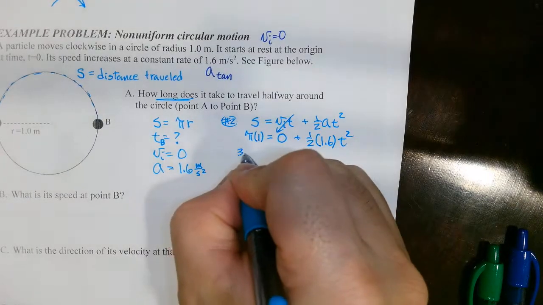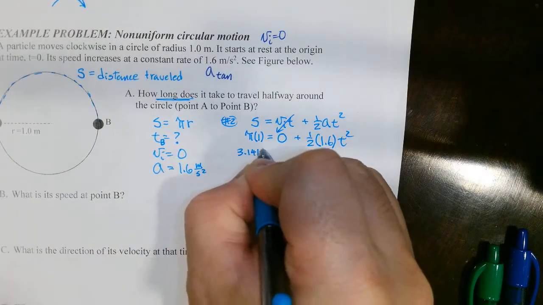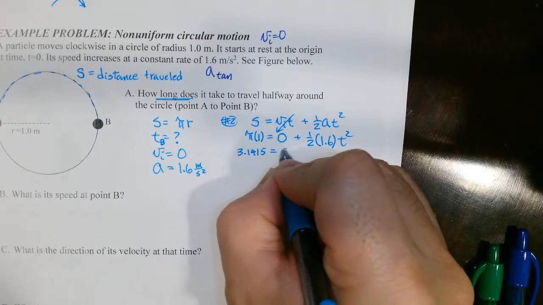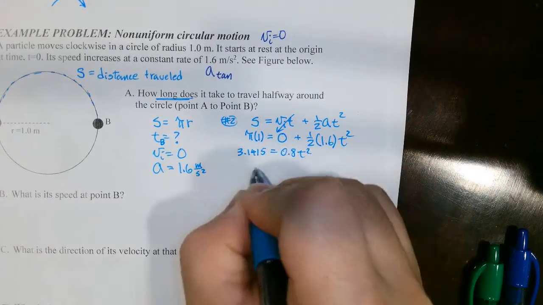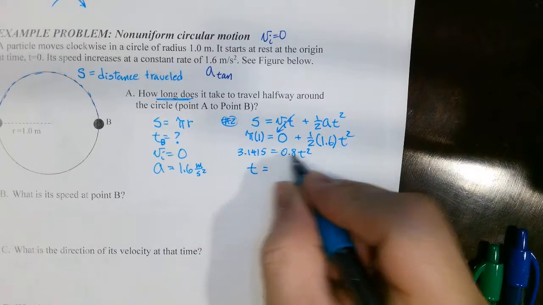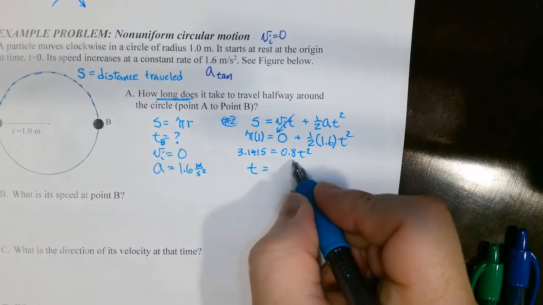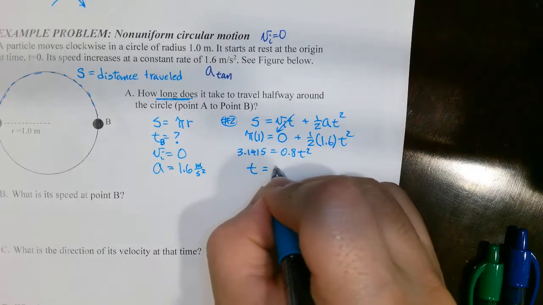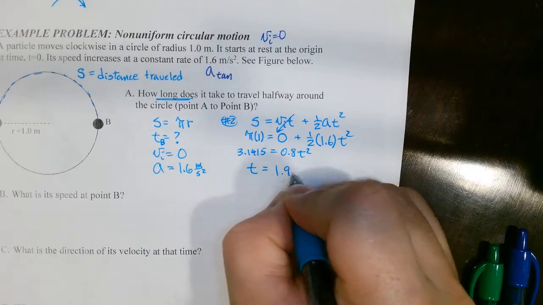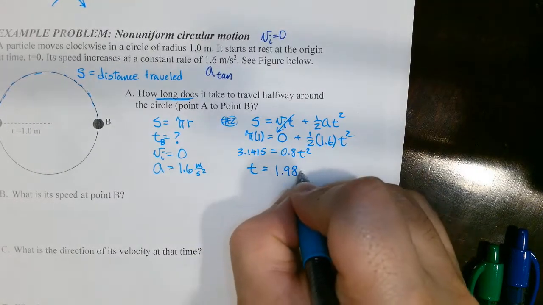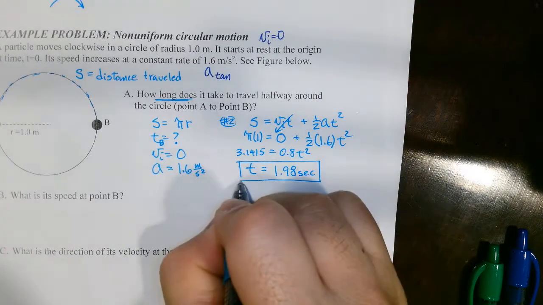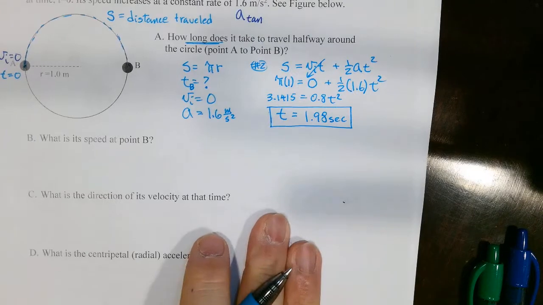So 3.1415 is equal to 0 plus 0.8 t squared. So my t is equal to square root of this divided by that, right? So if you do it correctly, you should get 1.98 seconds. Now, of course, there are other ways to do this, but this is probably the most efficient way.